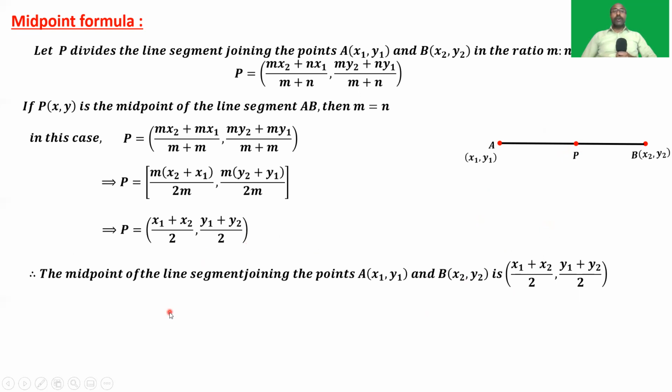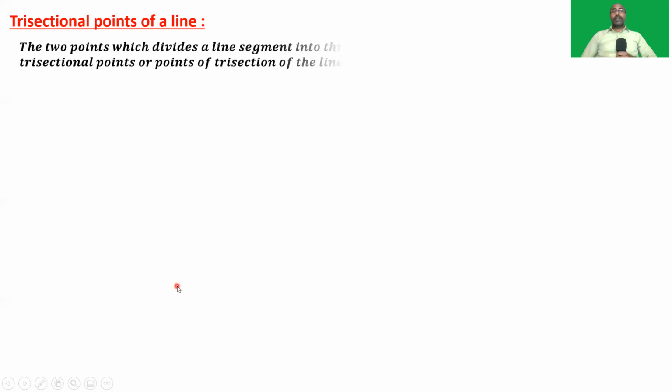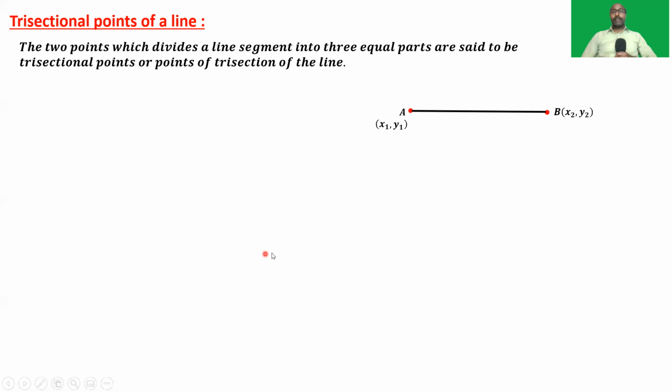Now let us see what are trisectional points. The two points which divide a line segment into three equal parts are said to be trisectional points or points of trisection of that line. Like this, if AB is a line segment and P and Q are the points which divide AB into three equal parts.